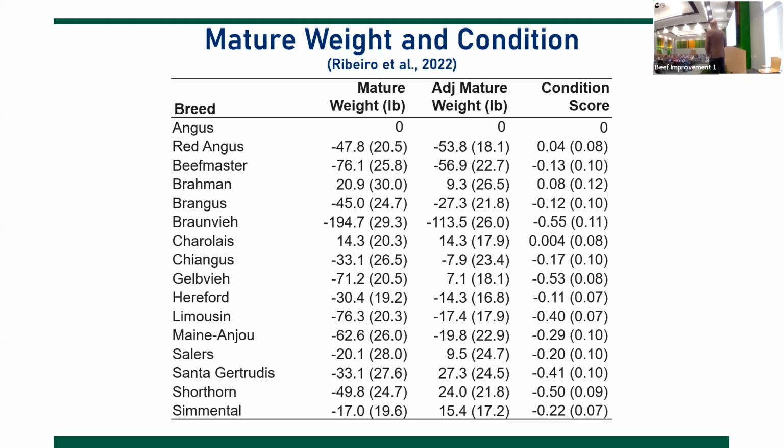The middle column is if you were to adjust that mature weight for the condition score, and that actually converges things quite a bit more. What I see here is a lot of breeds that come to similar mature weight. The cost of the energy might be a little bit more in this column if we talk about differences overall.